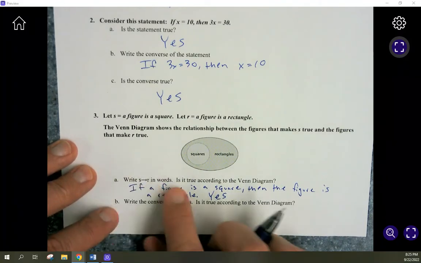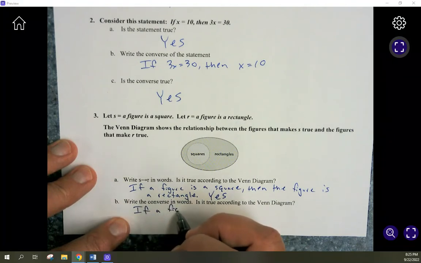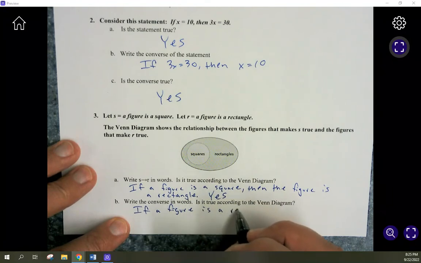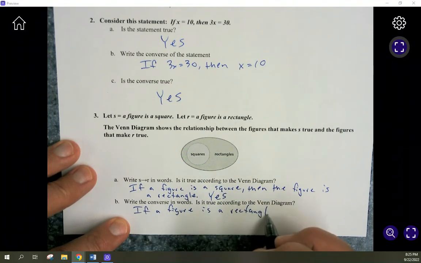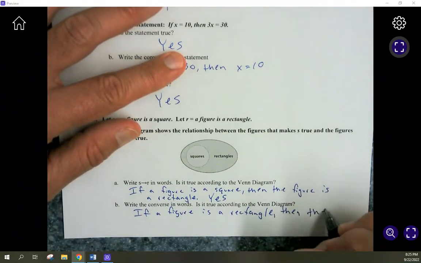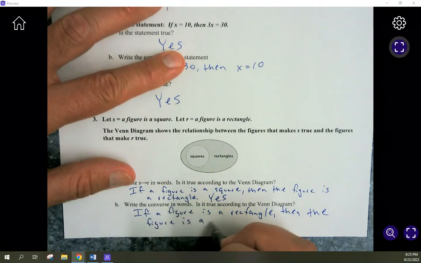Now let's write the converse in words. So switching S and R. If a figure is a rectangle, then the figure is a square.